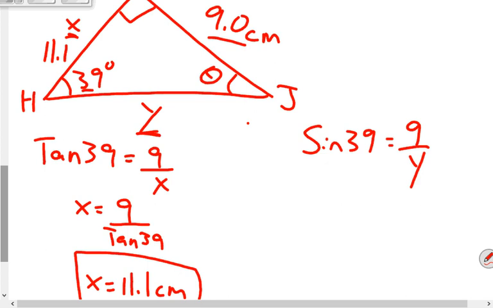I'm hoping by now, guys, it's starting to make more sense which side is which with hypotenuse, adjacent, and opposite. I'm going to try to start speeding up a little bit here. Maybe not showing all my steps. I know that to get y by itself, I'm going to go 9 divided by sine 39. So you should get 9 divided by sine 39.